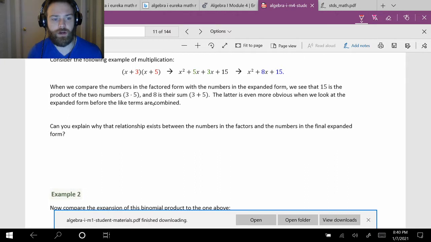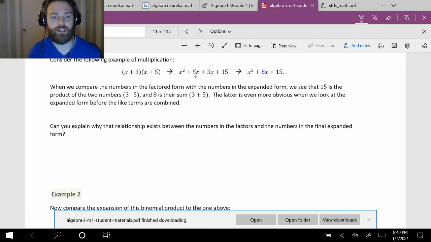It says when we compare the numbers in the factored form with the numbers in the expanded form, we see that 15 is the product of two numbers, 3 times 5, and 8 is their sum, 3 plus 5. The latter is even more obvious when we look at the expanded form before the terms are combined.